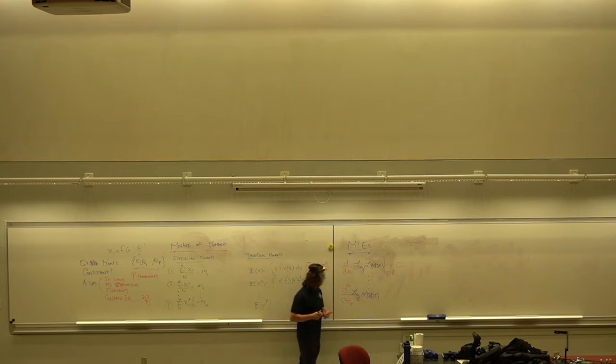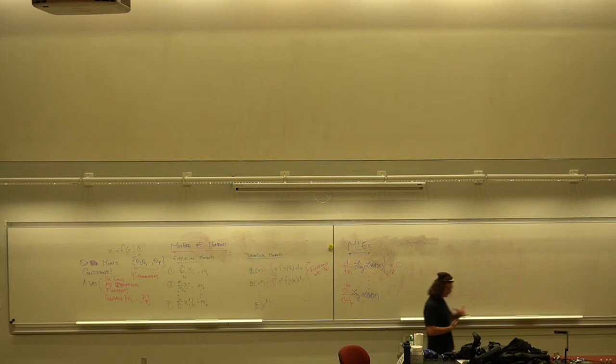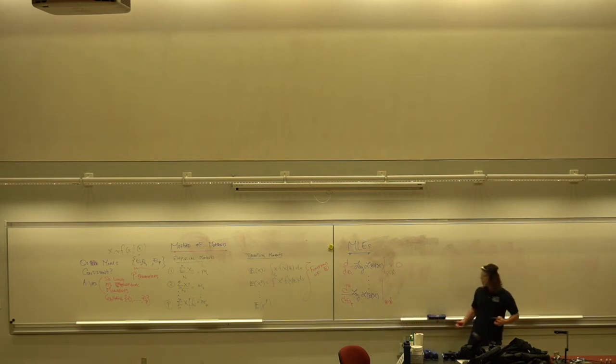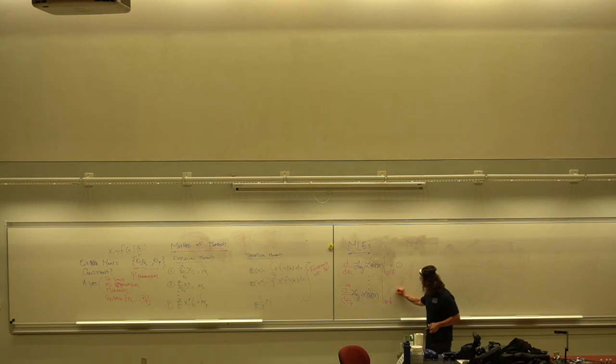I kind of like this because there's no choices I need to make. I don't have to think about which functions I'm building expectations around and then matching the moments. This is just a well-defined procedure. I'm just going to plug in theta hat as soon as I set everything equal to 0.